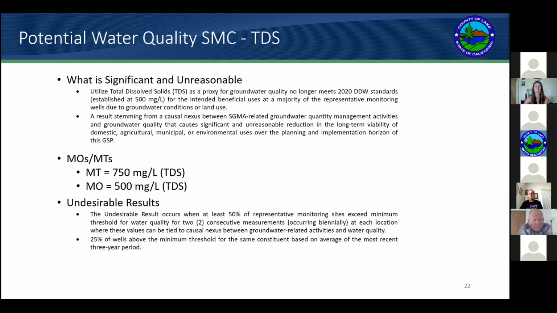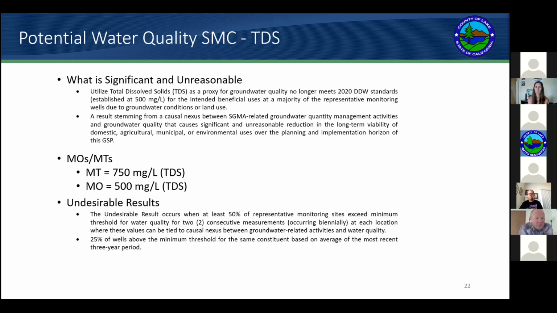We have to figure out what an undesirable result is. So, once we hit the threshold, hopefully we never hit the threshold, we have to develop an undesirable result statement. So what is considered undesirable? As an example, let's assume we had a well and we chose TDS as the water quality parameter, and let's say it hit 750 milligrams per liter.